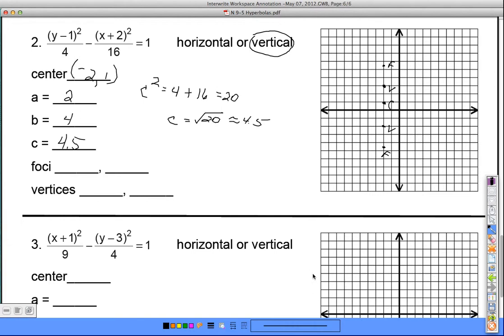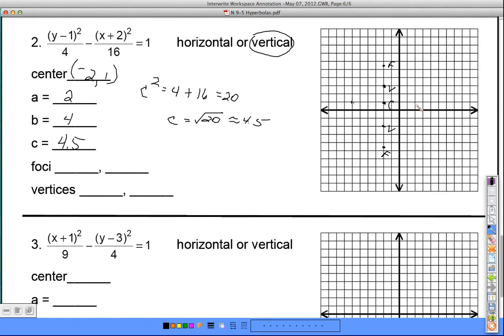Now we need to try to draw our box in. I'm going to see if I can just do a dash here. We'll try to do it with dots. First, for our B, which is 4, we go 4 spaces to the left: 1, 2, 3, 4.